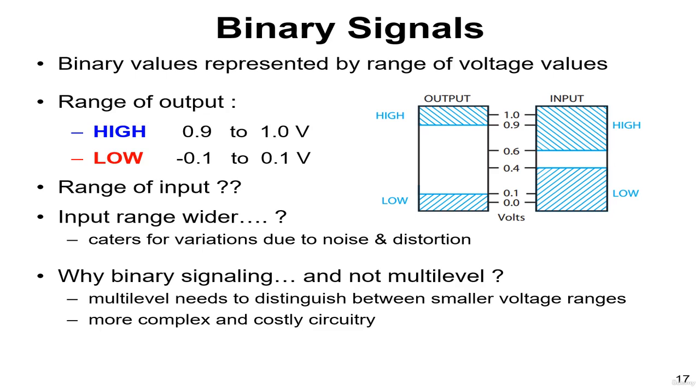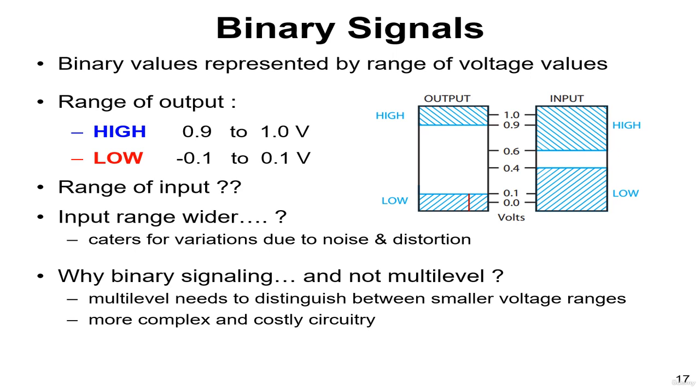In digital systems, the binary values of 1 and 0 are usually represented by a range of voltage. In the figure on the right, a high output signal is represented by the voltage range of 0.9 to 1.1 volts, whereas a low output signal is represented by a voltage of negative 0.1 to 0.1 volts.